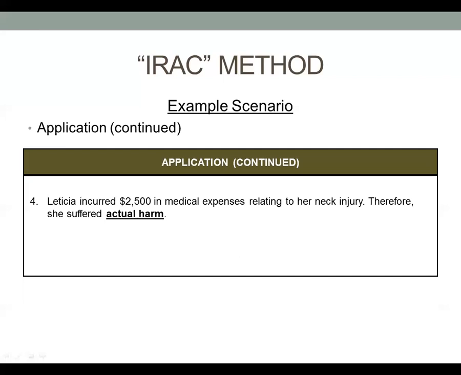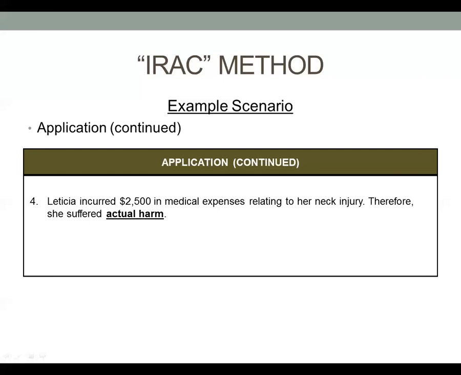Now, finally, let's look at the fourth point in application. Under the law, Leticia, in order to be able to recover from Tucker, had to have incurred actual harm. Harm is not simply assumed or presumed because of the accident, but rather Leticia would have to prove actual harm.